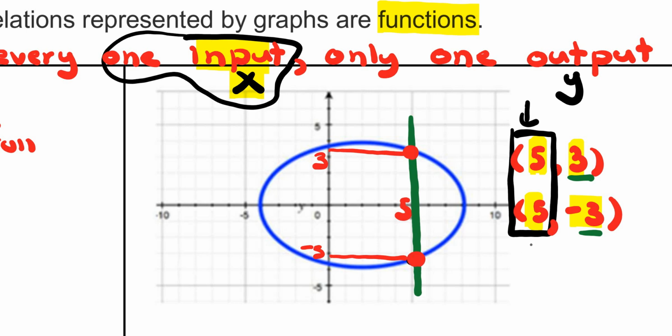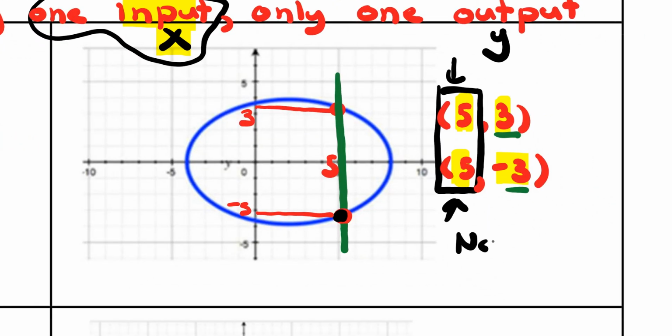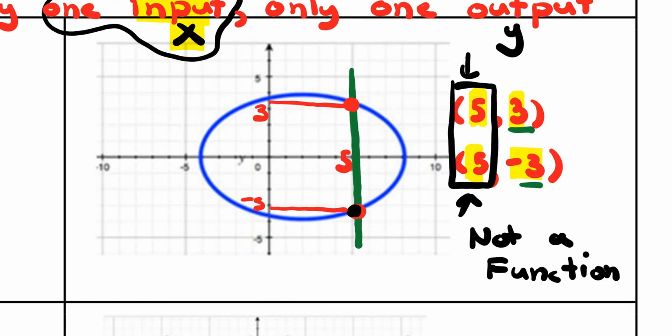If we have two outputs, then we have a problem there, right? So that does not fit our definition here. So this one here is not a function. All right, and we'll look for this in future problems to fit our definition here.